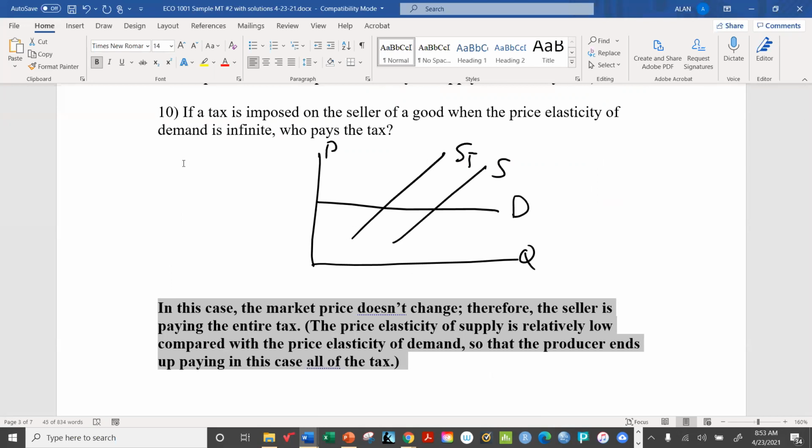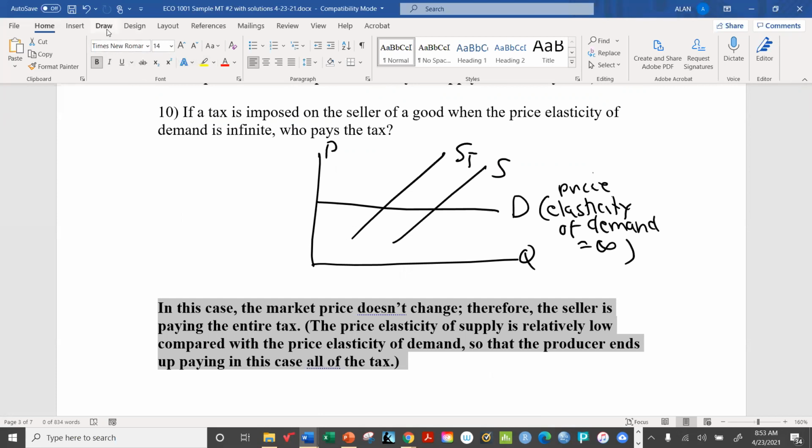And of course, don't forget that an infinite elasticity of demand is the flat one. Okay, the price elasticity of demand is infinite when it's flat.